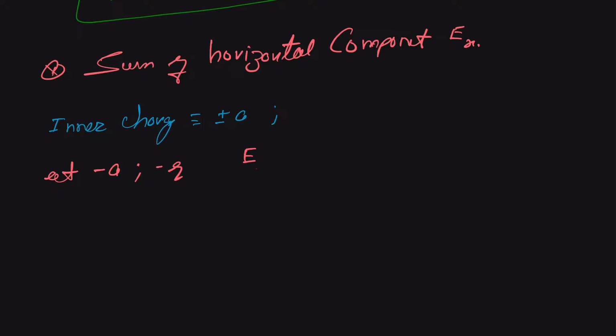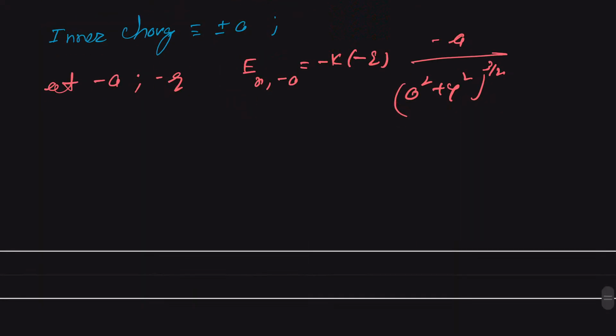Therefore, the horizontal component at the minus a position, because of the charge at minus a, will be equal to minus k times minus q over (minus a square plus y square) to the power 3/2, times x of minus a, which will be minus kq times a upon (a square plus y square) to the power 3/2.